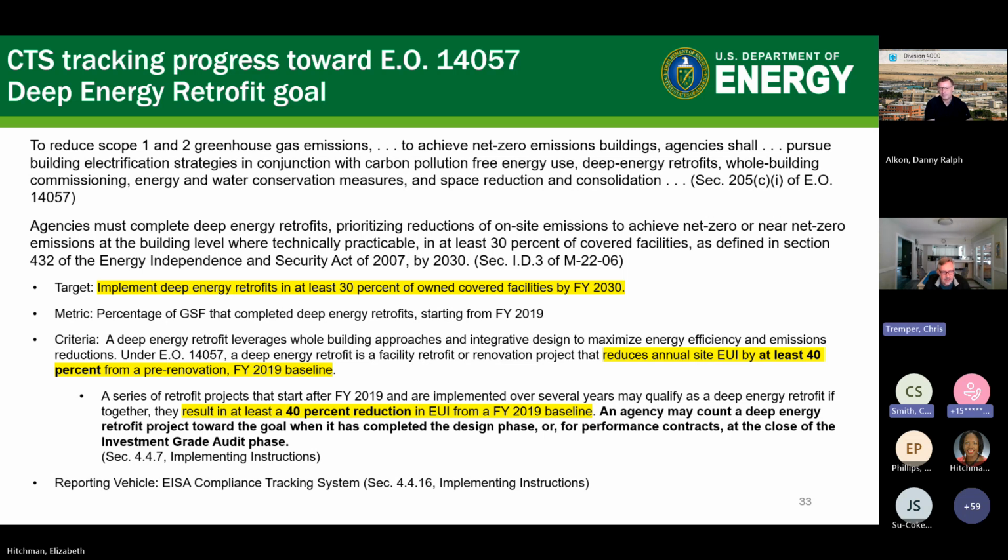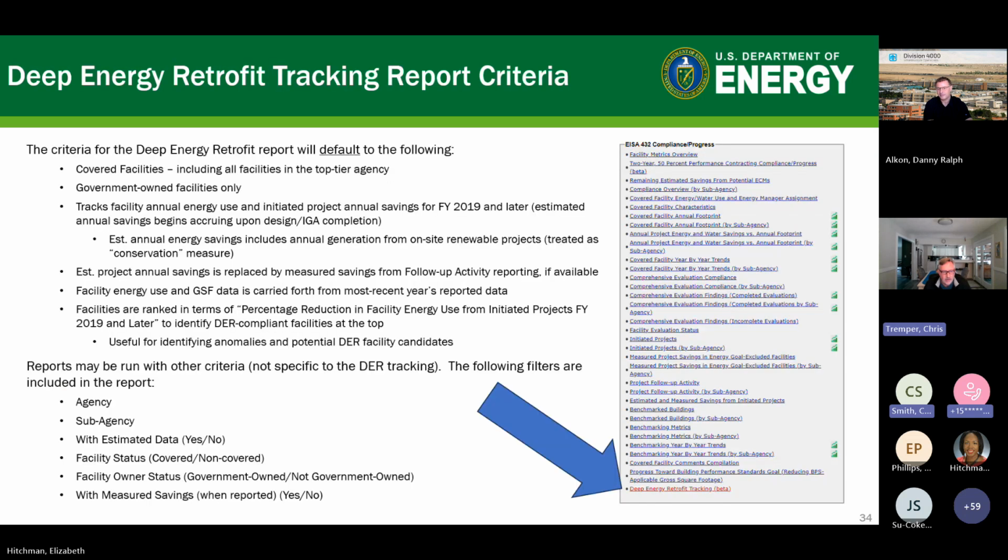The next slide. In order to help accommodate this requirement, we developed a special report in CTS to track it. If you are familiar with CTS and you go to DOE, you'll see the whole list of reports that you can pull, and at the bottom, you'll see the deep energy retrofit tracking report.